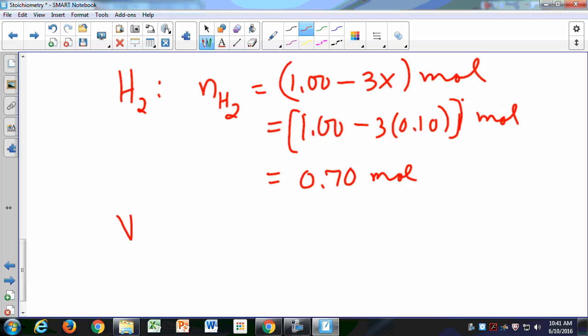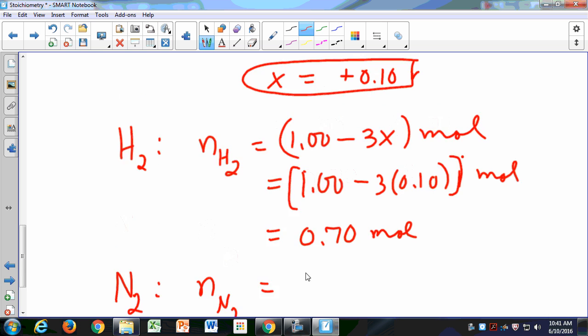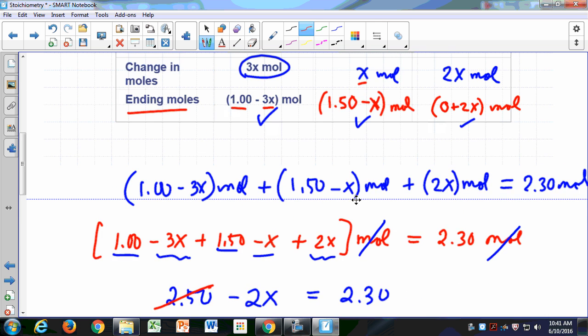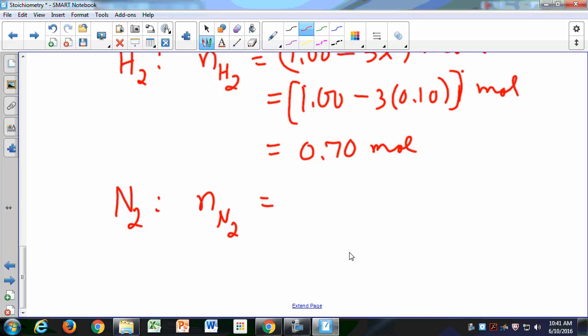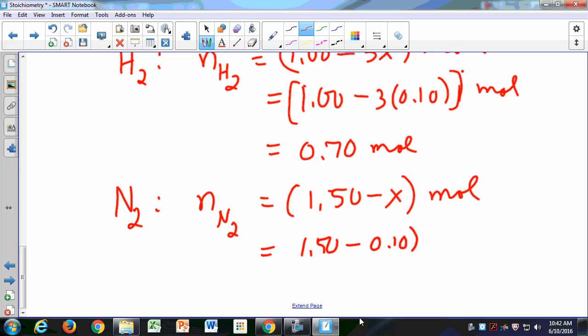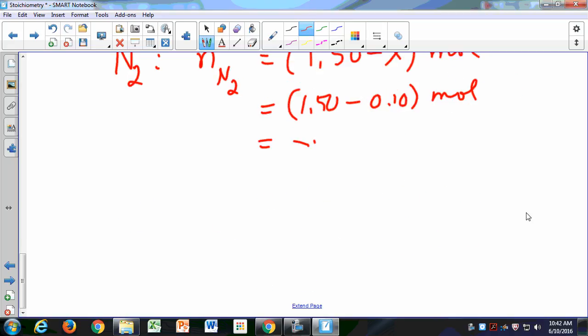And for nitrogen, moles of nitrogen is equal to, what did we have to begin with? 1.5, you lost x, so 1.50 minus x moles. So you have 1.50 minus 0.10 moles, and you end up with 1.40 moles.